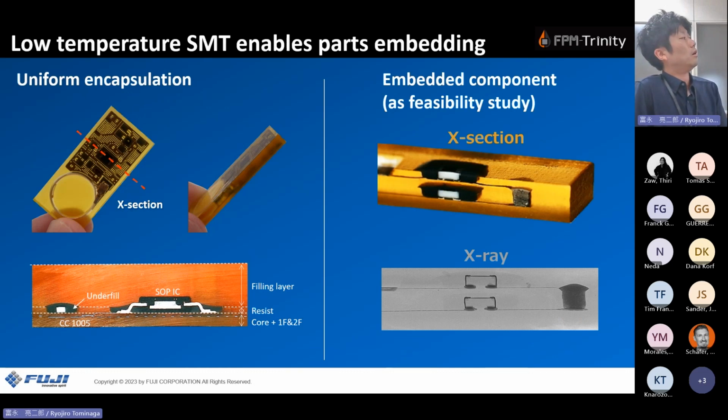And since our machine has both AME and the parts mounting function, sequential process, the substrate, the parts mounting, and substrate, we can try. So this is one of the demonstrations. So after the parts mounting process, we print the resin again to embed the component. And since our machine has a flattening process of the resin, the resin surface is very flat.